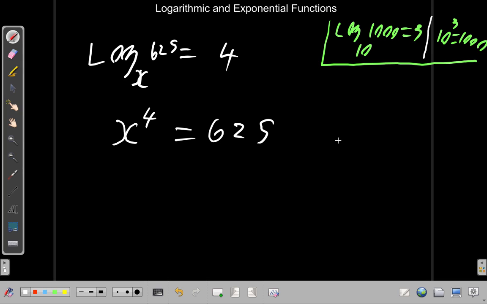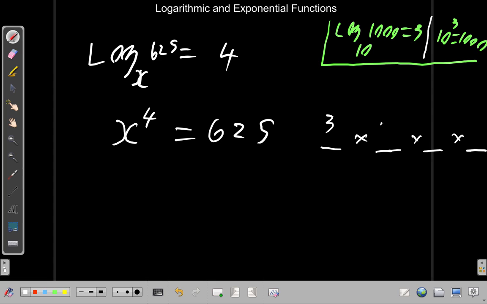Alright, we have to think about it now. There are 4 numbers and they multiply each other and you get 625. One number times the same number times the same number times the same number, 4 of them. Is it 2? 2 2s are 4, 4 2s are 8, 8 2s are 16. No, it's not 2.